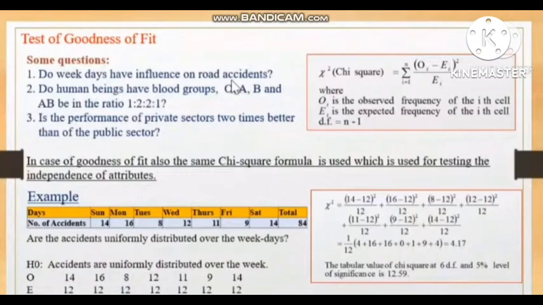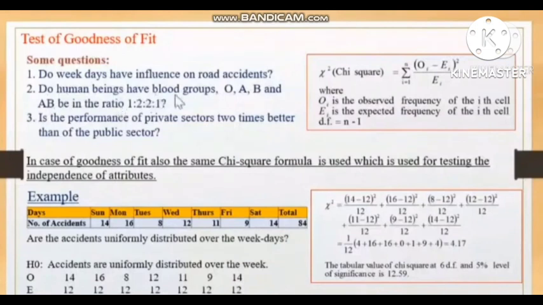Now we have to test whether days have any impact on the road accidents. It is a test of goodness of fit.